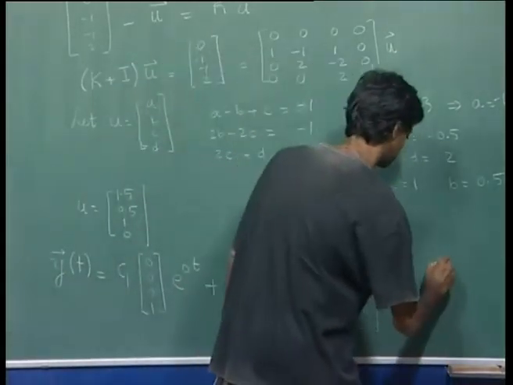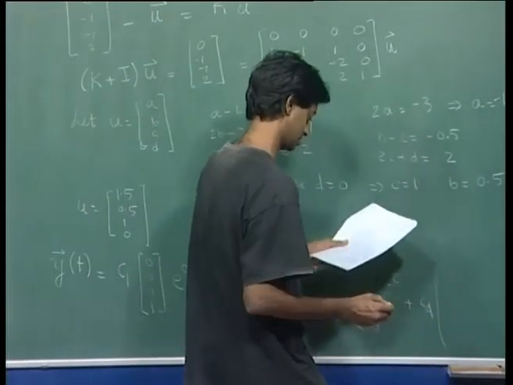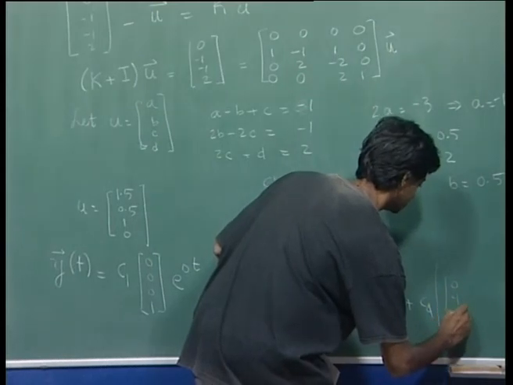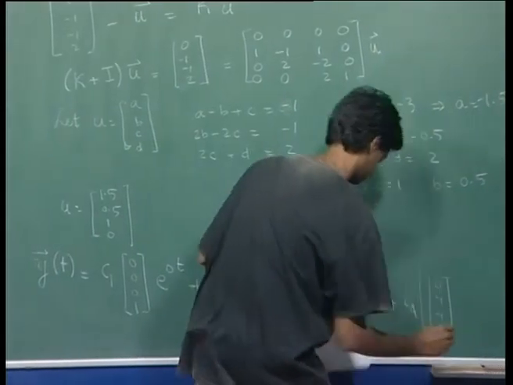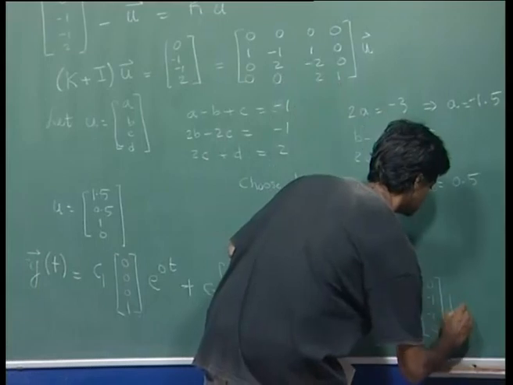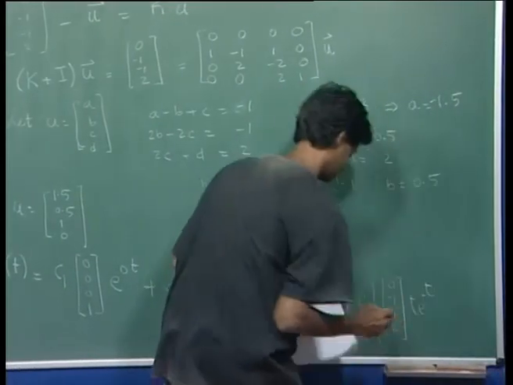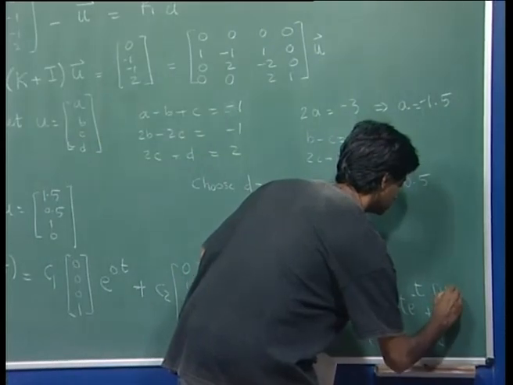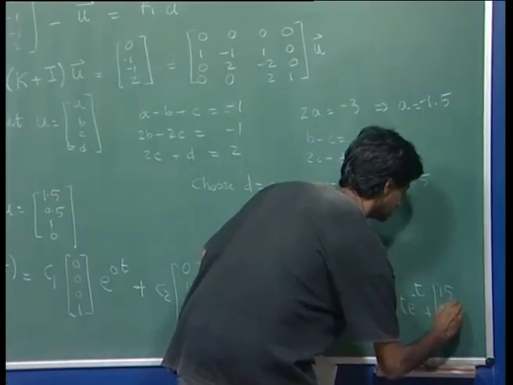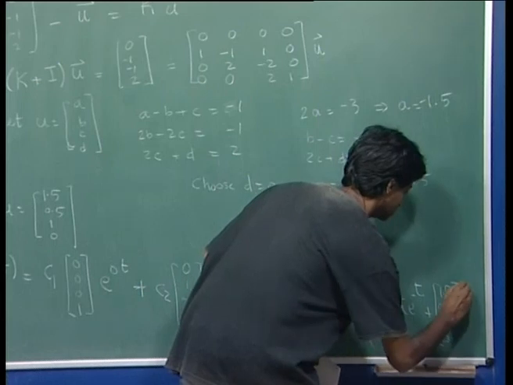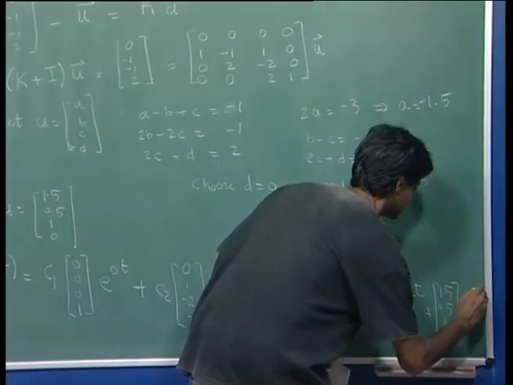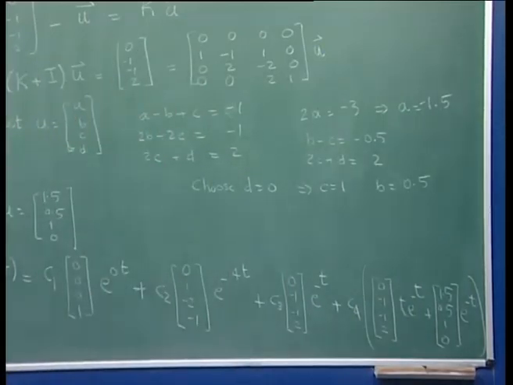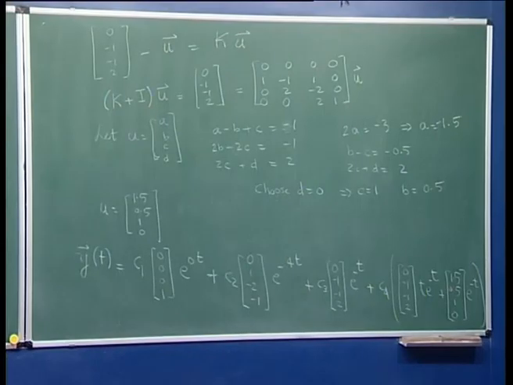So, if we put all that together, we will get 0 minus 1 minus 1 2 into t e to the minus t plus minus 1.5, 0.5, 1, 0, that is our u, e to the minus t. Okay. So, this is a general solution.